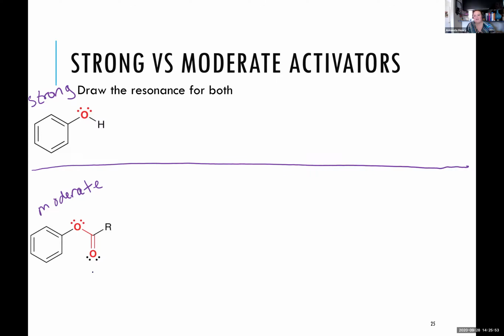Our general guideline for drawing resonance with these is if you are doing electron donation, you need to do 2 electron pushing arrows at a time. And if you're doing electron withdrawing, you only need to do 1 arrow at a time. Now, this is not a hard and fast rule.